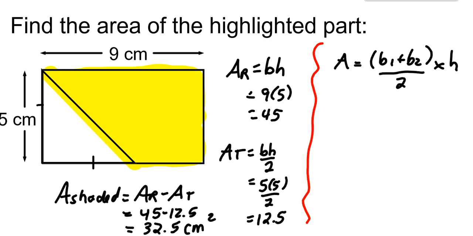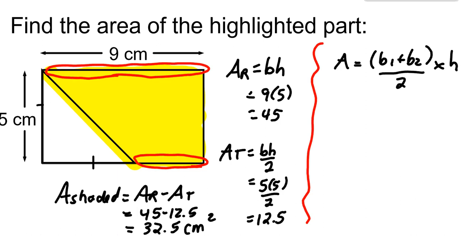And base 1 and base 2 just means the length of one of the bases and the length of the other base. So kind of like the top and the bottom. So in this case, this piece here, actually I'll color it in green. To get that, you have to do 9 minus 5, because this whole thing is 9 and this piece is 5. So that piece is going to be 4.